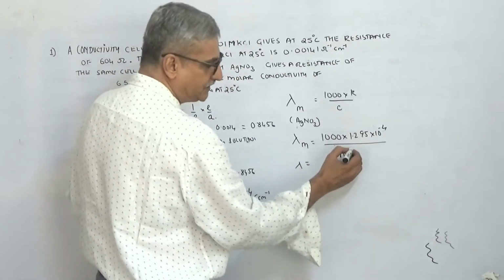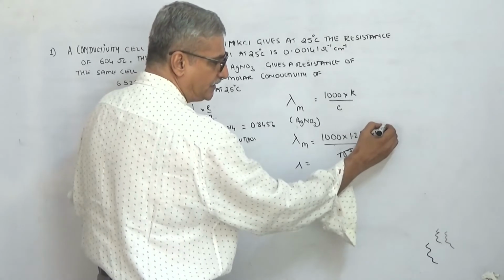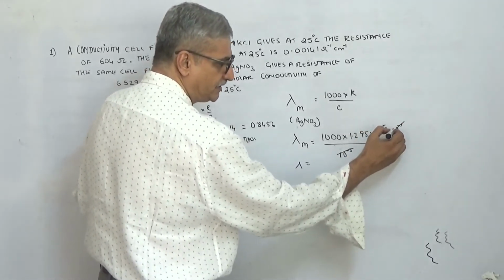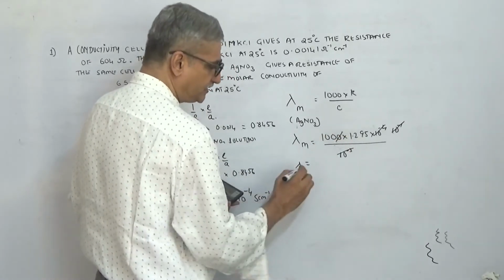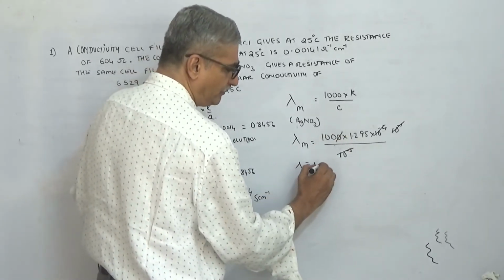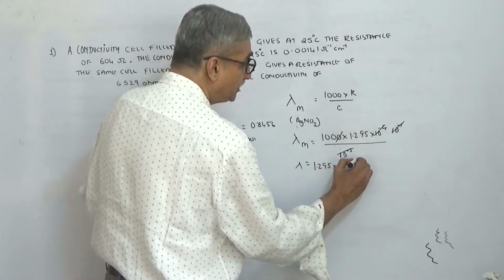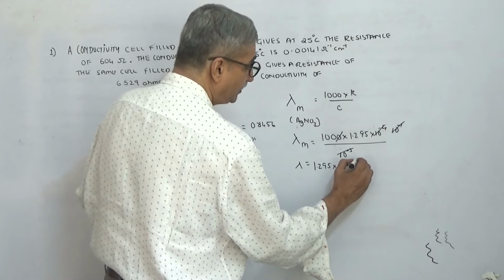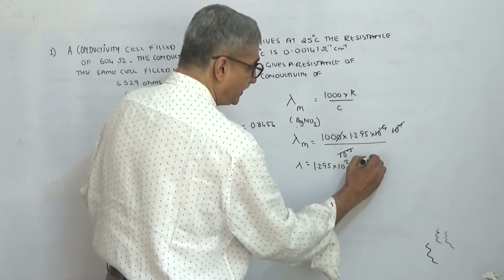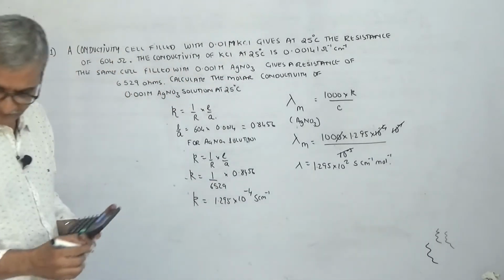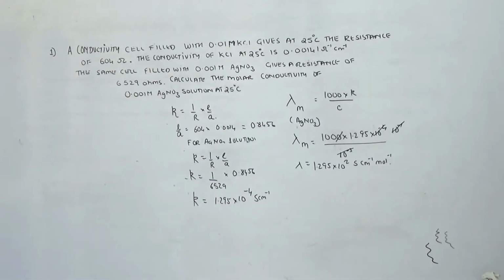This 10 raised to minus 3 and this 10 raised to minus 3 cancel, leaving 10 raised to minus 1. Hmm, so we get 1.295 into 10 raised to 2. This will be in the unit of Siemens per centimeter per mole. It is clear. So this was the answer.